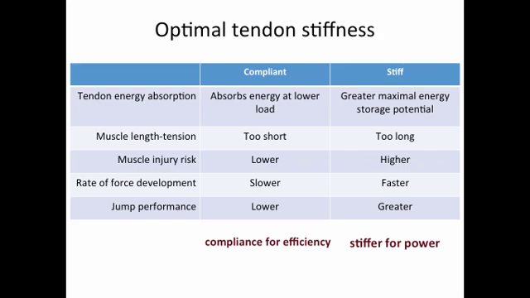If you're looking at rate of force development, clearly a stiffer tendon is better because it will transfer that load to the skeletal system to allow you to move much faster. And if you're looking at jump performance, clearly again a stiffer tendon is better because that relates to rate of force development. So in general terms, stiffness may be better for power, compliance for efficiency.